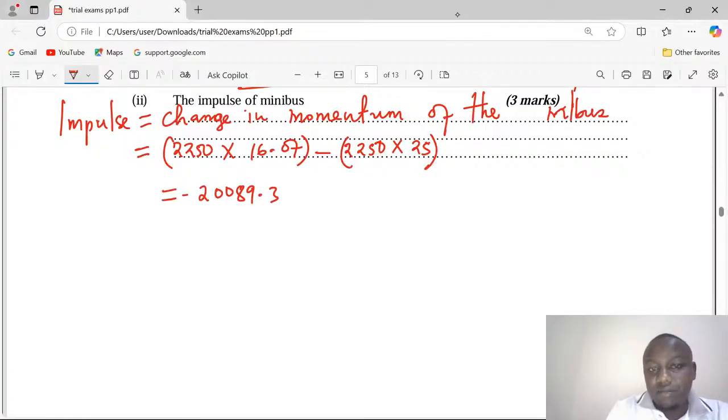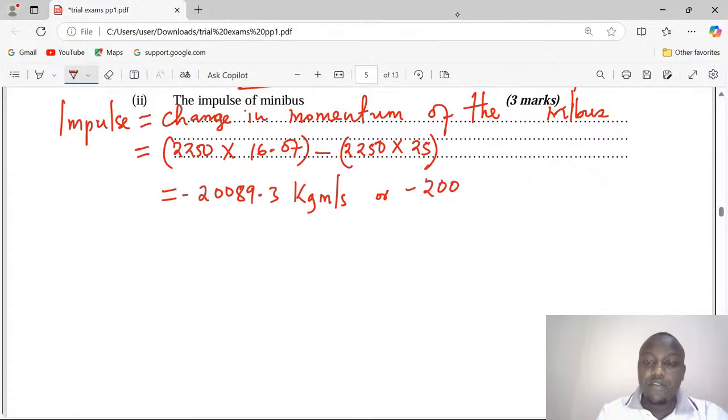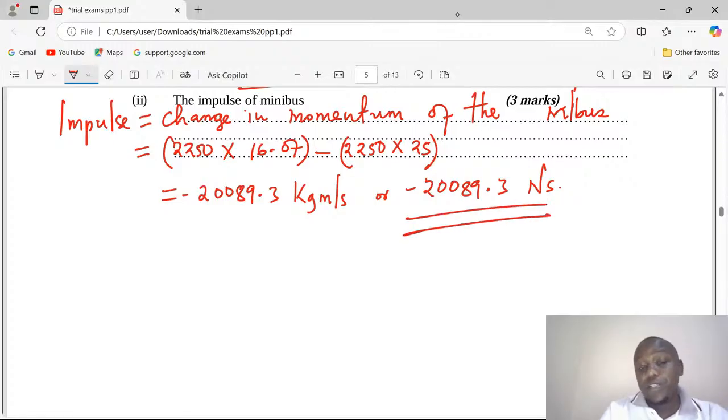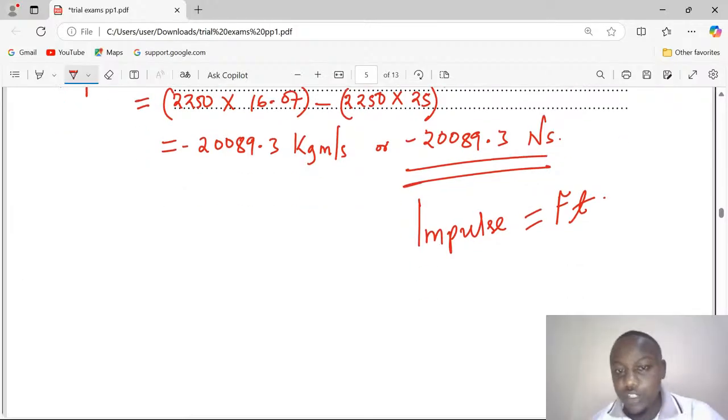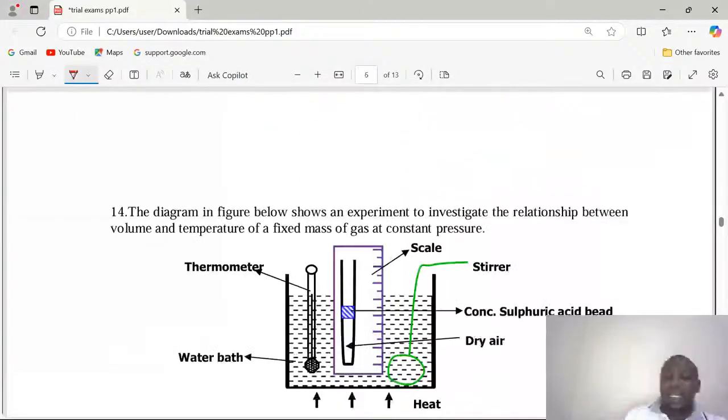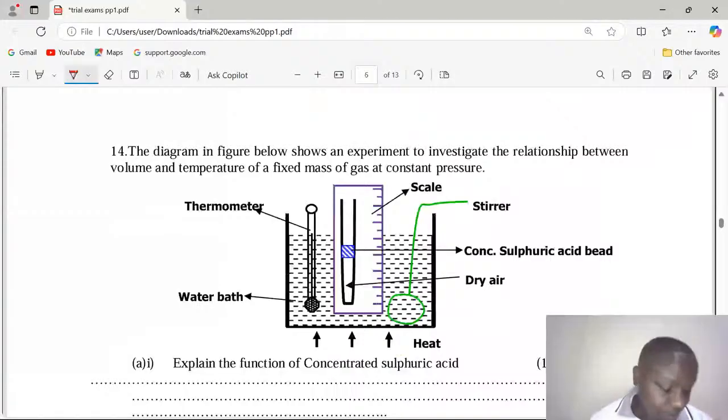Being impulse and being change in momentum, it will bear the units of momentum, kg meter per second, or 289.3 Newton second. Newton second because impulse is also given by Ft, and the SI unit will be resolved to be Newton second.